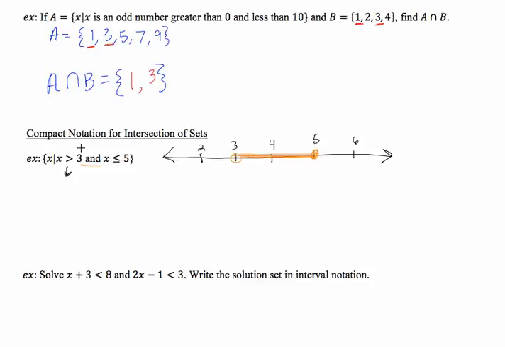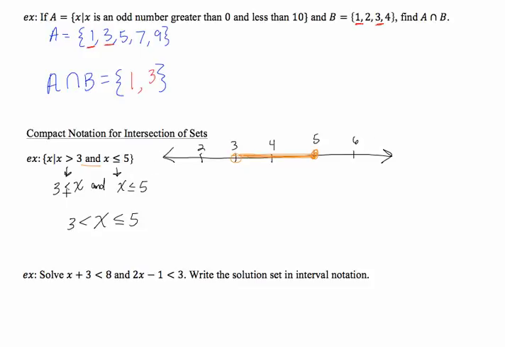If x is greater than 3, that's the same as saying 3 is less than x. This one I'm not going to change. So 3 must be less than x, and x must be less than or equal to 5. In other words, what you could say is, put a big x in the middle, and say x must be less than or equal to 5 and greater than 3.